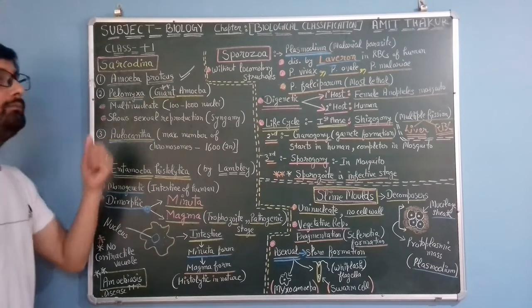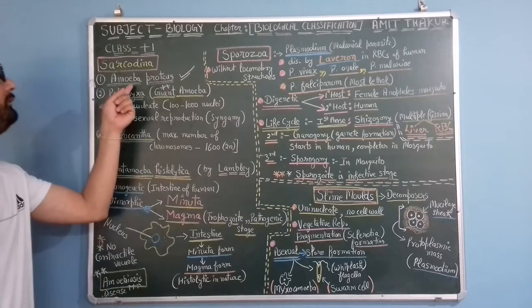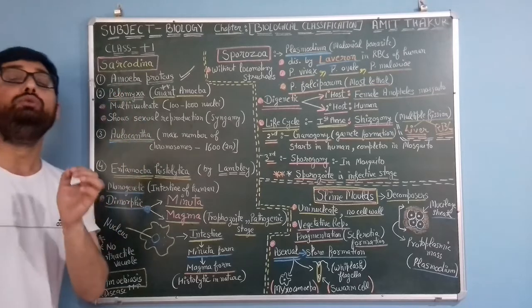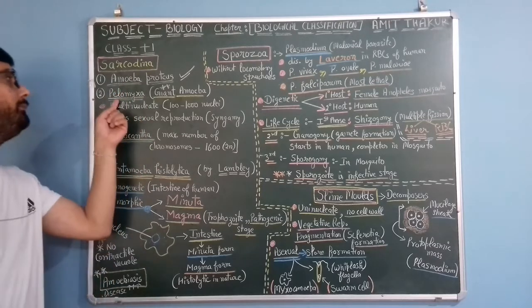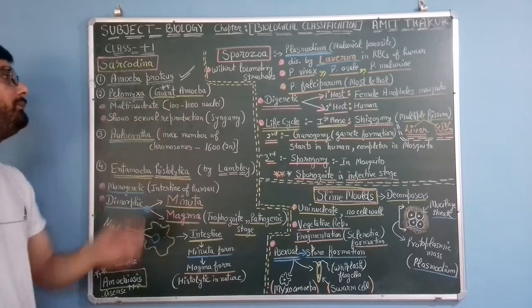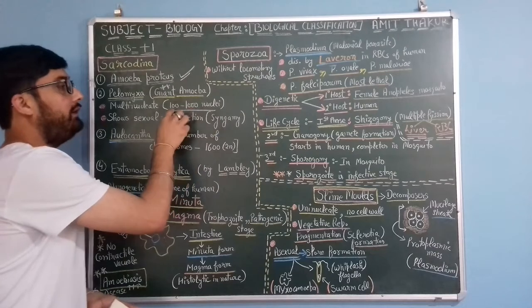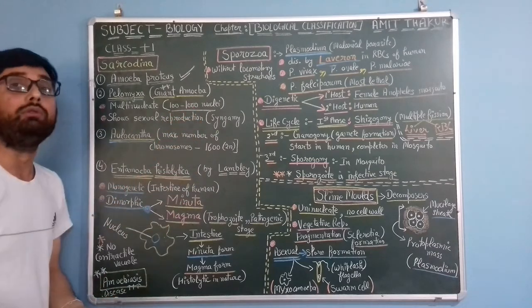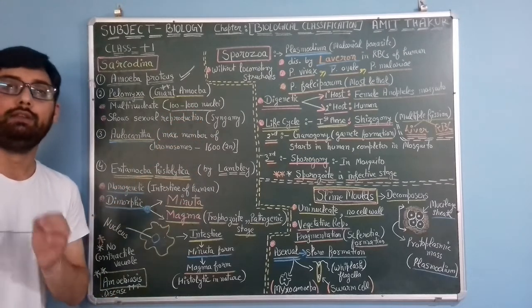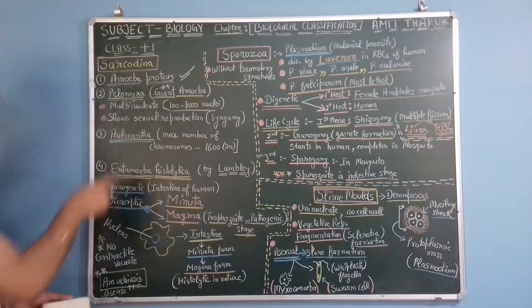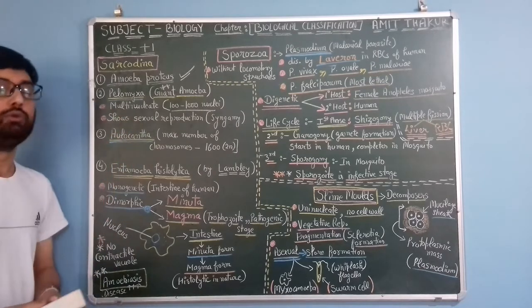This Pelomyxa is multinucleate, and as you know, Amoeba proteus is uninucleate. But Pelomyxa, known as giant amoeba, is multinucleate, and it has 100 to 1000 nuclei in a single cell. It shows sexual reproduction.